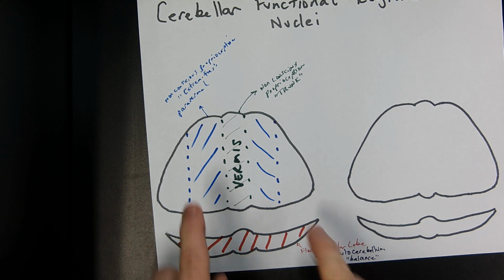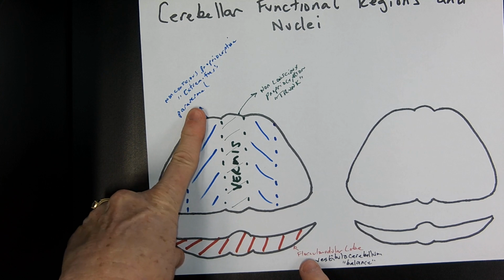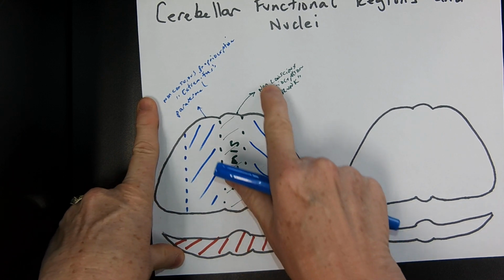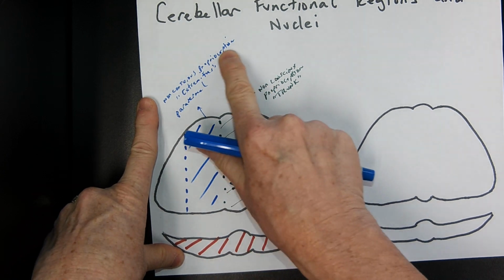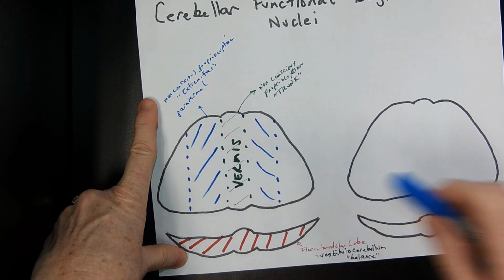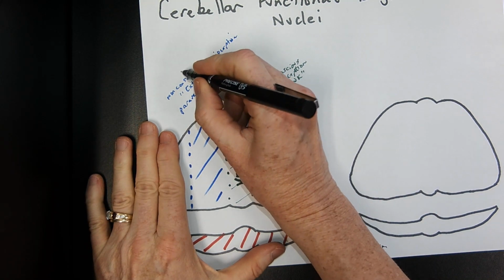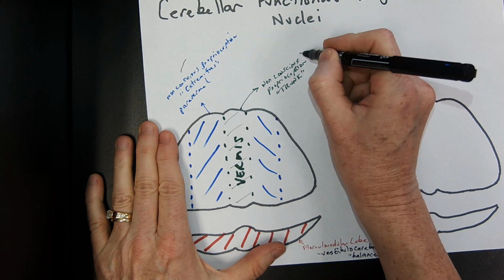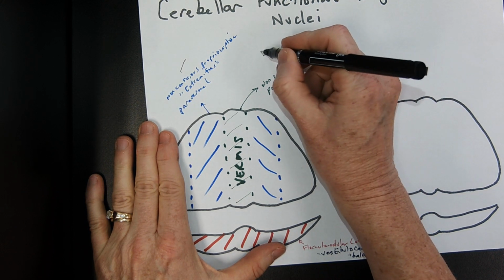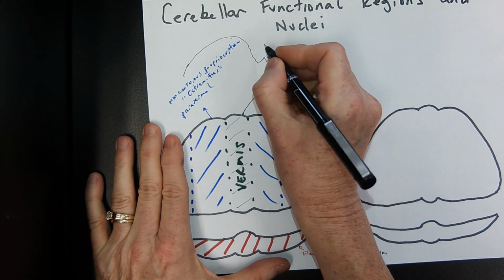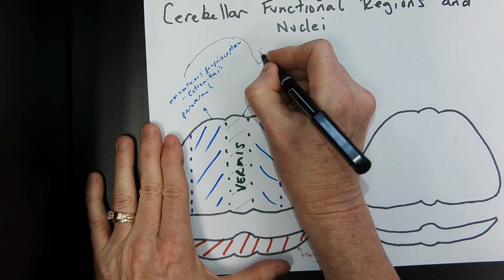Both the paravermal area and the vermal area together, since they both deal with non-conscious proprioception, whether it's trunk or extremities, are considered another functional area. I'll put these together here. This is called your spinocerebellum.